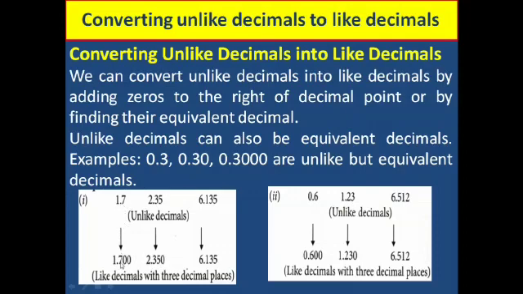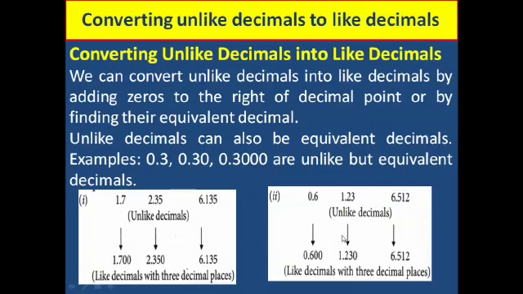One digit is given to us in 1.7, that is 7, so I will add 2 zeros here. Similarly, for 2.35, I already have 2 digits, that is 35, so I need one more digit. So I'll put 0 here. Likewise, you can see here, we can convert them into like decimals in the same way as I have done here.